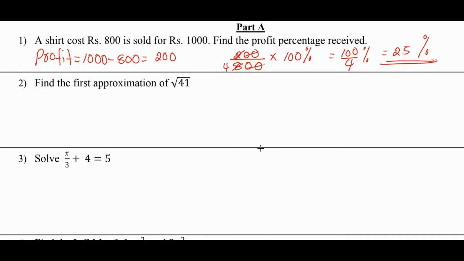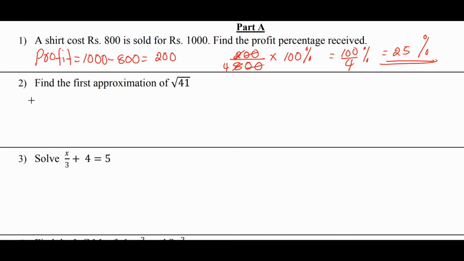Second one, find the first approximation of root 41. We know these kinds of questions, we have to do some calculation for finding the approximation value. First of all, we have to find out where root 41 is situated between the perfect square values.